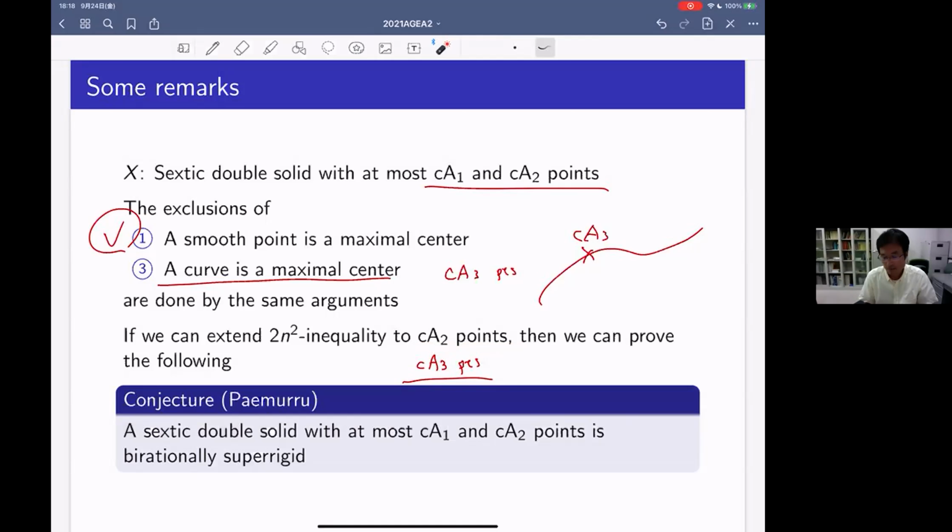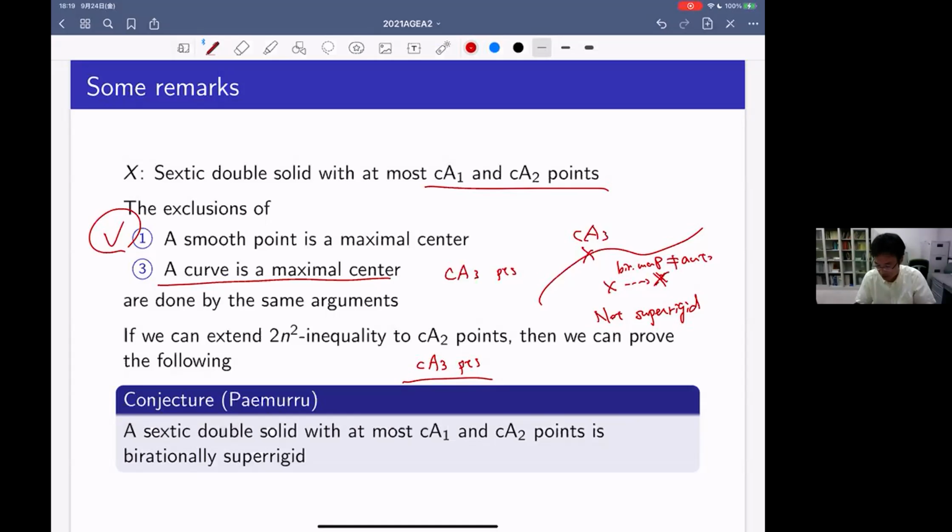Thank you. So in the cA3 case, do you still expect this to be birationally superrigid? No. In the cA3 case, we know that it is not superrigid, because by blowing up these cA3 points, we can construct a birational involution, which is not an automorphism.